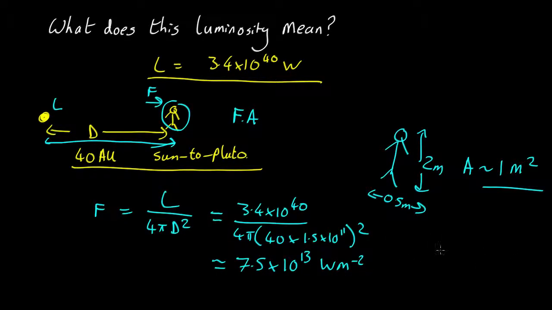And as the person's got about 1 square meter, that means the power absorbed by a person is about 7.5 by 10 to the 13 watts.